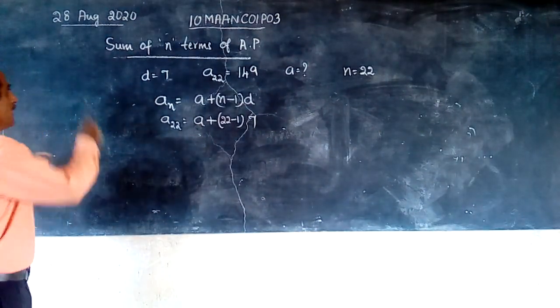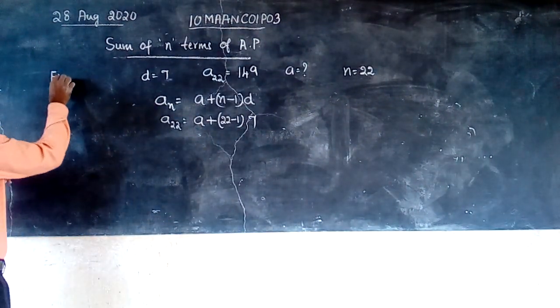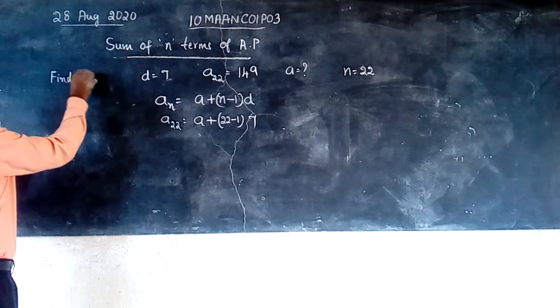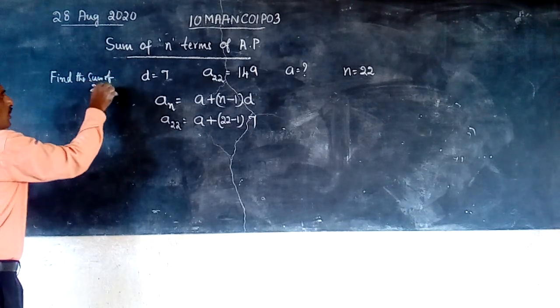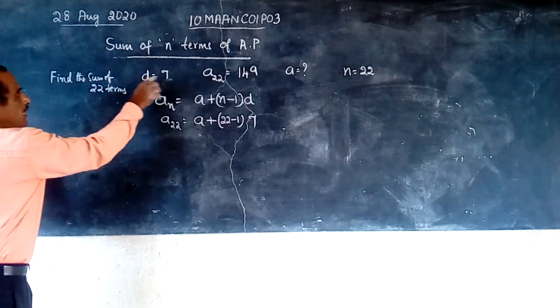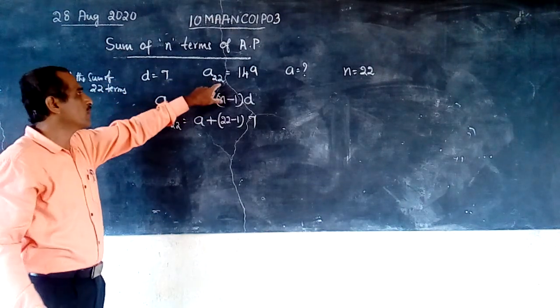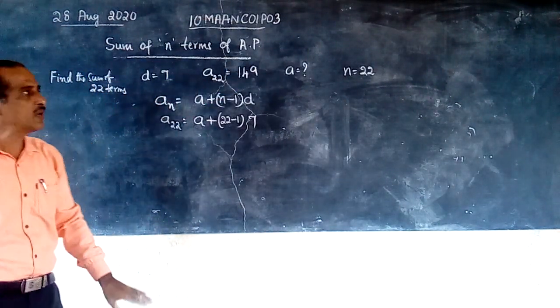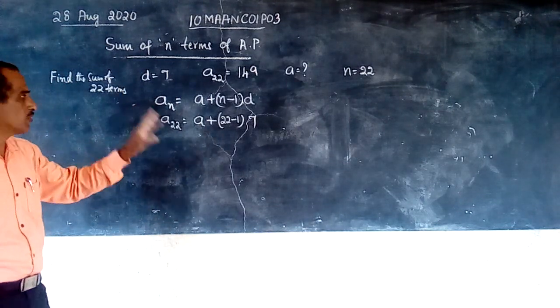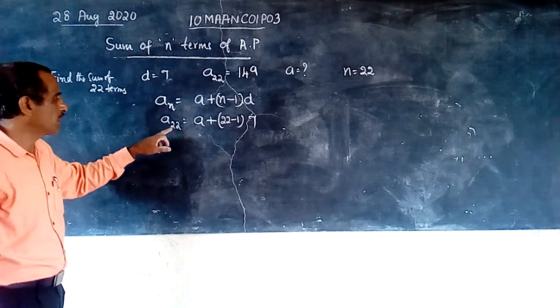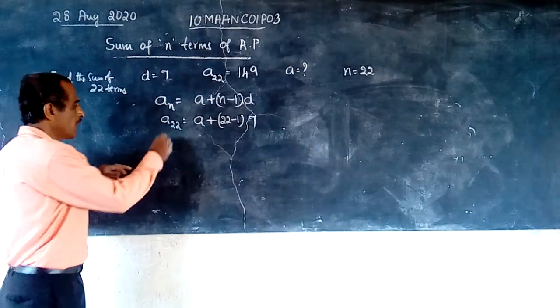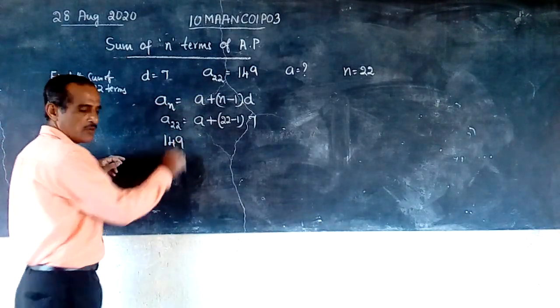The question says find the sum of 22 terms if d is equal to 7 and a22 is equal to 149. Only this much is given. So an is equal to a plus n minus 1 d. I apply the value a22, which is 149.